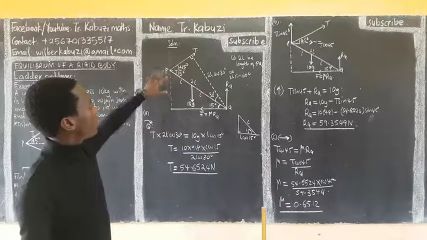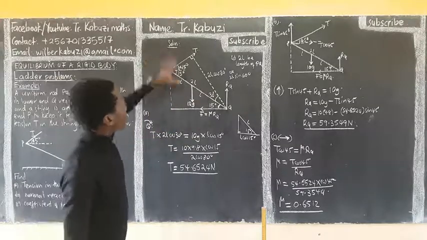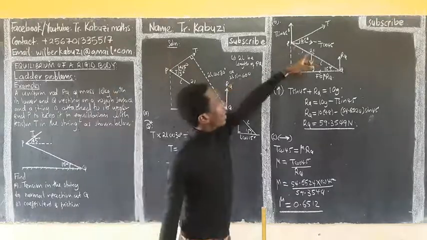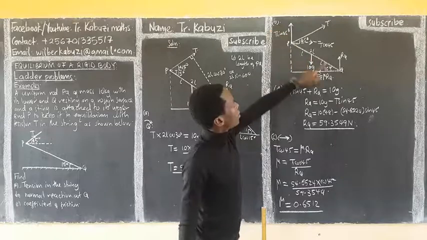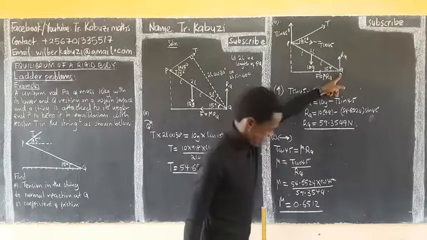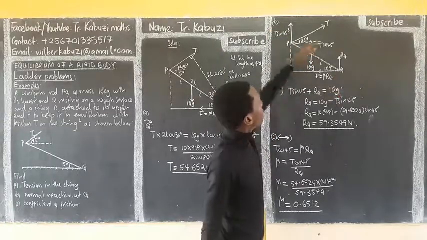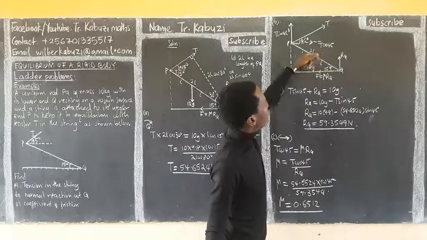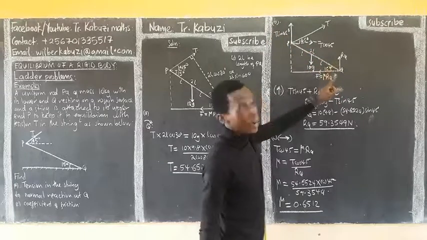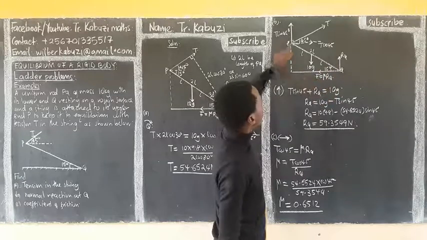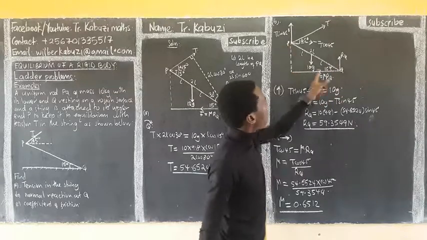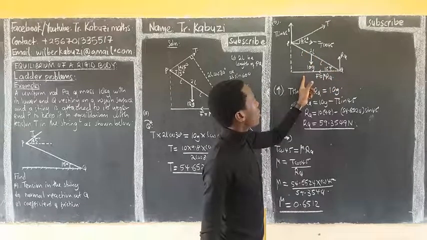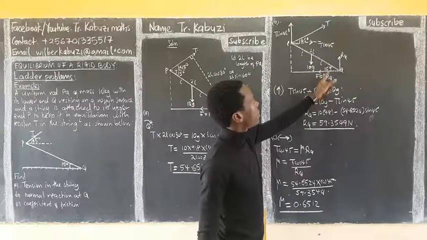Now the other method of doing this, which is longer: you resolve like we've done here, then you take moments at Q. Taking moments at Q means that you have this force and this force, and this one and this one have moments of 0. So you need the perpendicular distance from here up to here, which is going to be 2L cos 15.